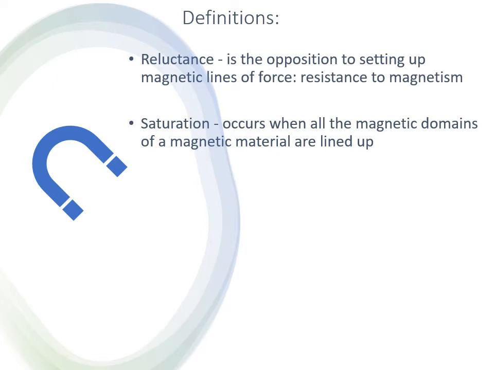We've already talked about saturation. Saturation occurs when all the magnetic domains of a material are lined up, where adding more magnetizing force will not result in any more magnetic activity. The material is at its magnetic potential.